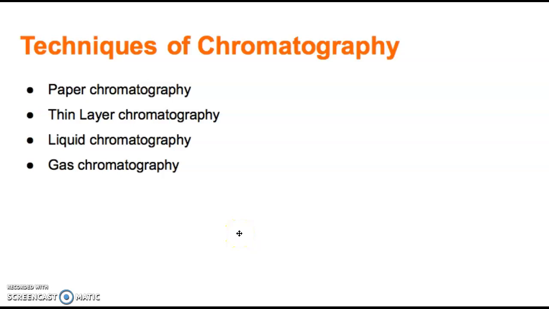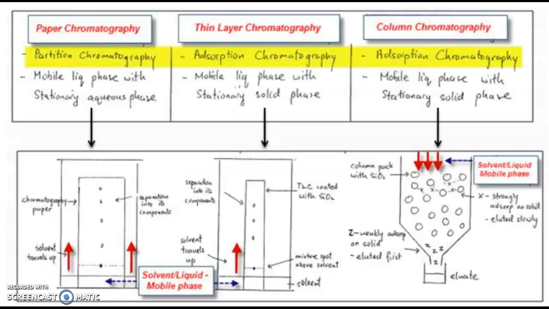So the techniques of chromatography are paper chromatography, thin layer chromatography, liquid chromatography, and gas chromatography. Chromatography separates compounds based on size, charge, and solubility. And the differences between them are the stationary phase.